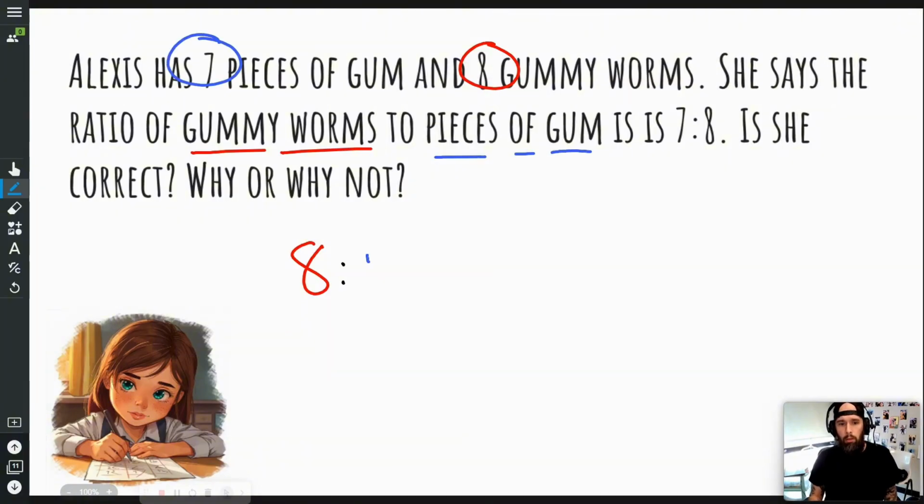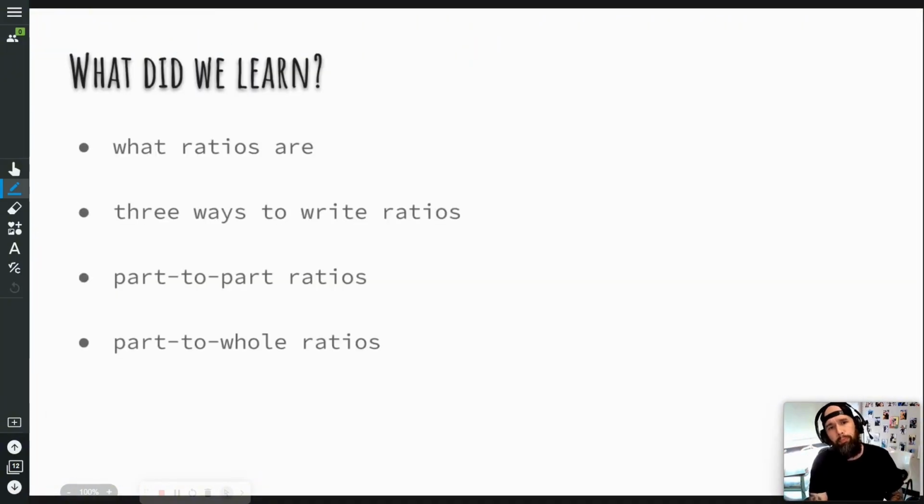Oh boy. So it's actually 8 to 7. So is she correct? No. And it's because it's actually 8 to 7. So I'm just going to write it out: no, because 8 to 7. I don't feel like writing out the whole thing. I'm a math person, not a writing person.